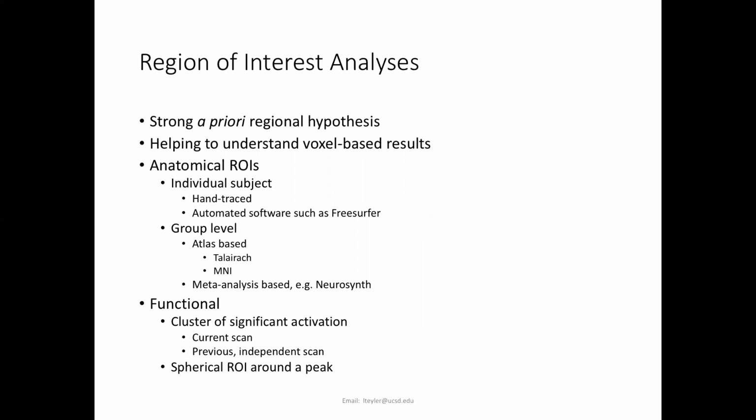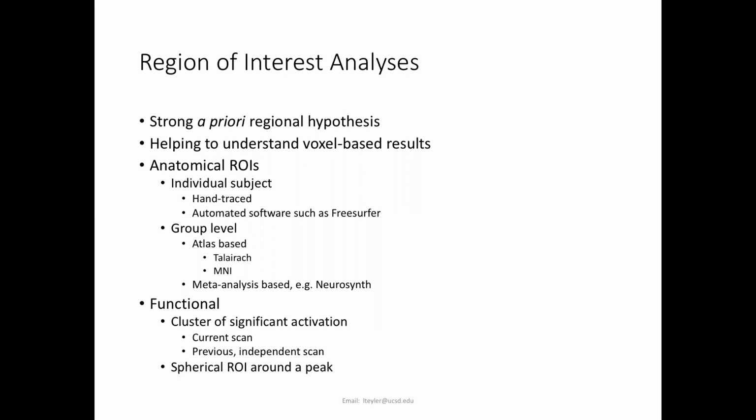And so oftentimes, not always, you may actually have a strong a priori regional hypothesis based on lesion literature, based on previous MRI or fMRI studies. You may be really mostly interested in how your task, which differs from the task that's been out there in the past, is related to activity in this region, or how the two groups are different in that particular region.